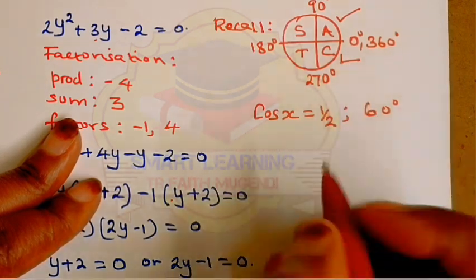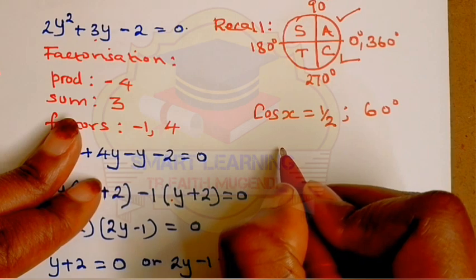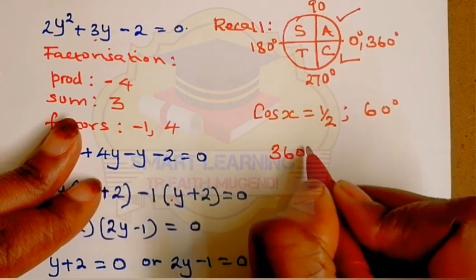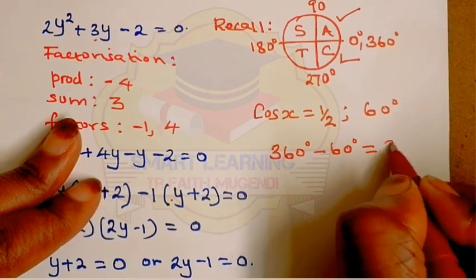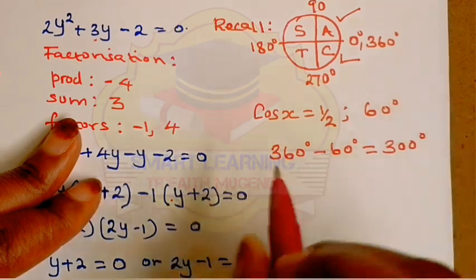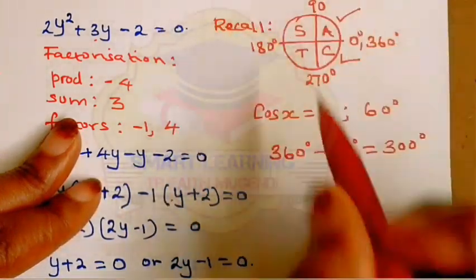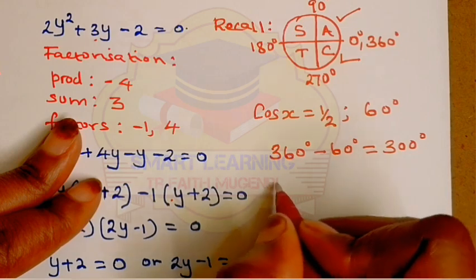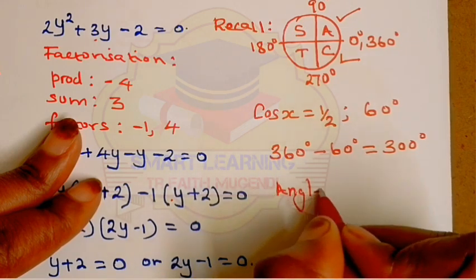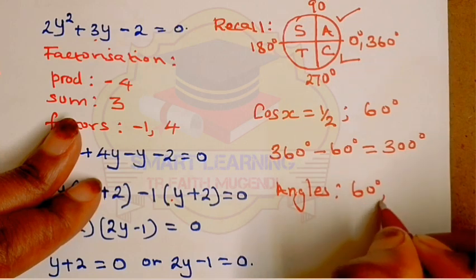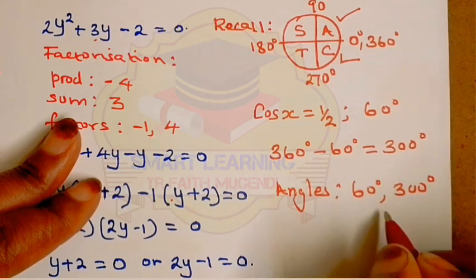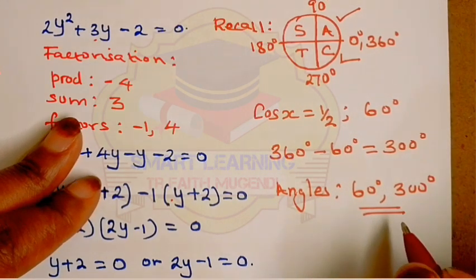So to get this angle, we shall have 360 degrees minus 60 degrees, and we shall get 300 degrees. So the possible angles within this range are 60 degrees and 300 degrees, and that is the final answer.